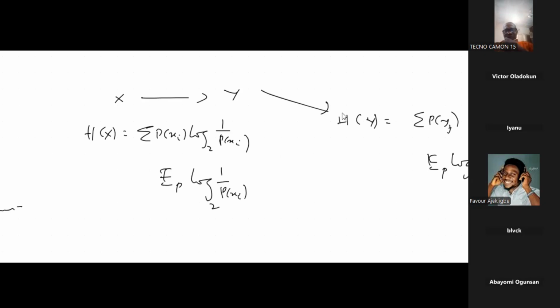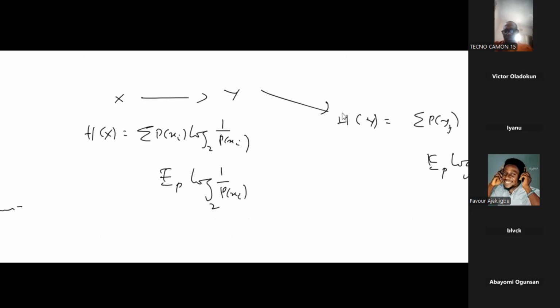And now we can progress. So when we do this, we say these are the source entropy and the output entropy, or the destination entropy, right? Now we also have what we call conditional entropy. Okay, so the entropy of a channel, say X, given that the output Y has been received. That becomes very, very important when we are dealing with a noisy channel.